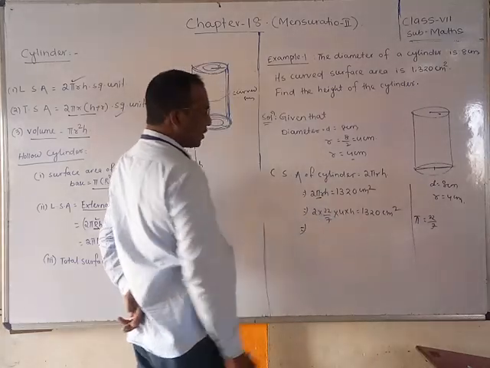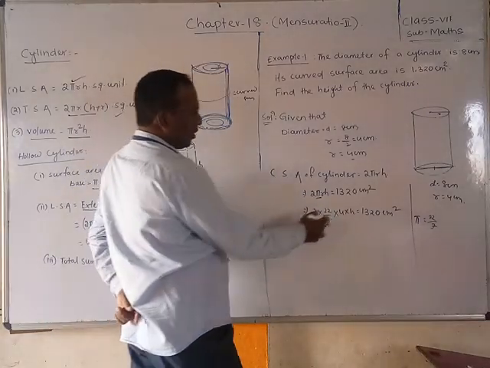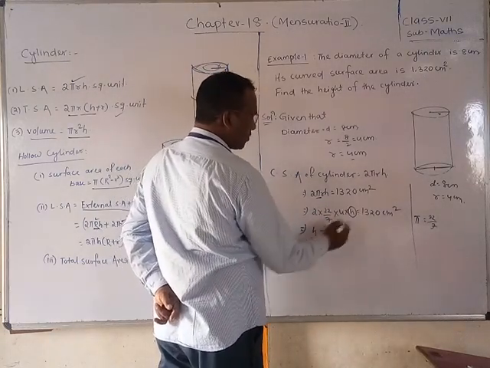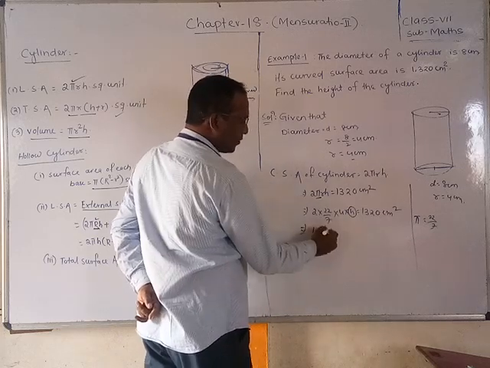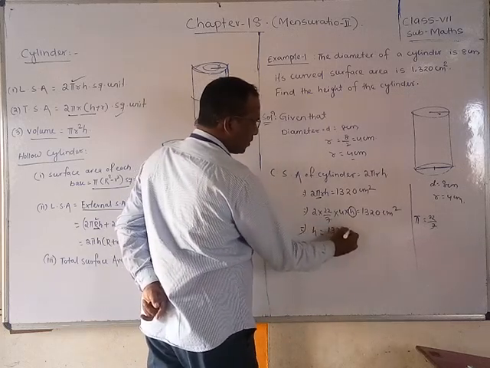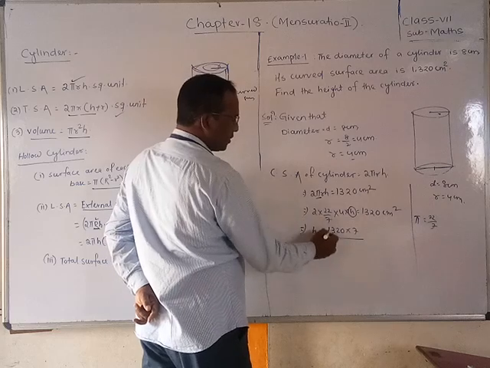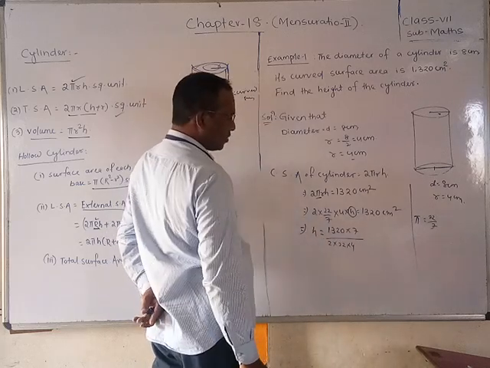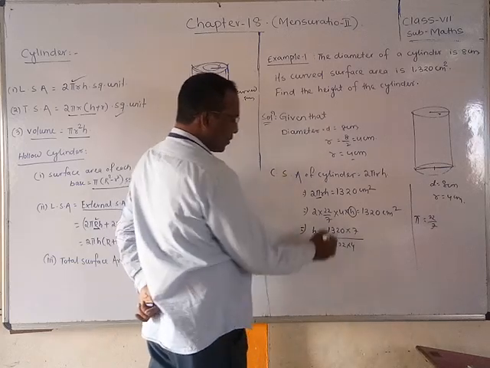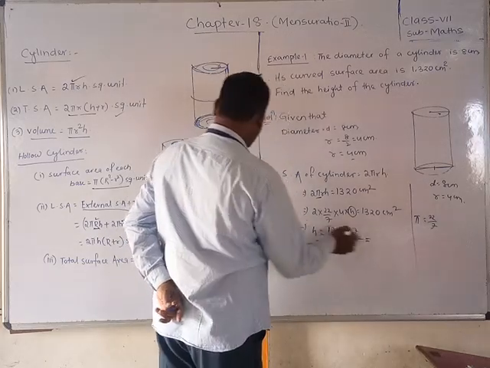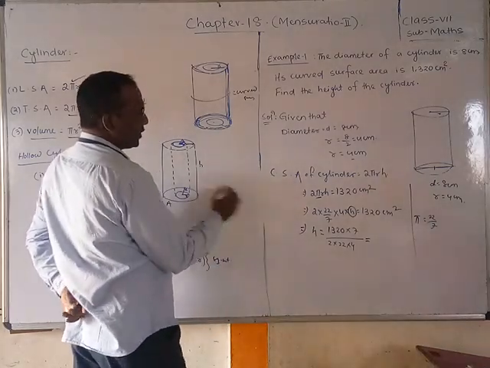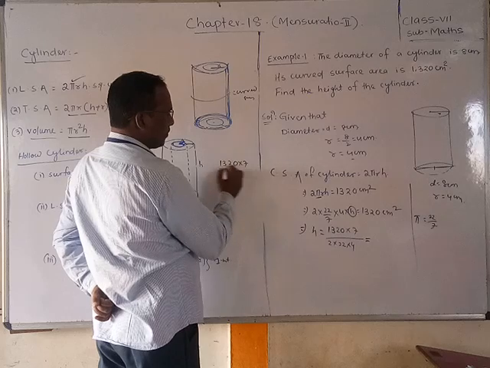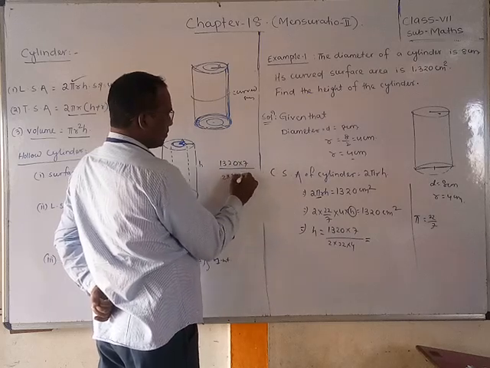Now what I have to do, students? H is the only variable, so we can take everything to the other side. So H is equal to 1320 into 7, divided by 2 into 22 into 4.